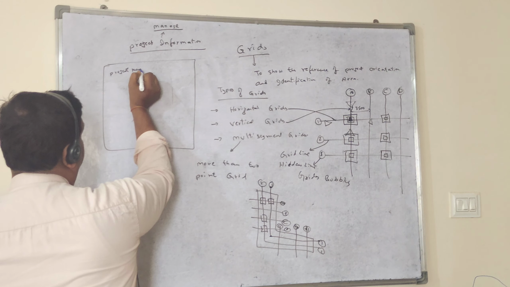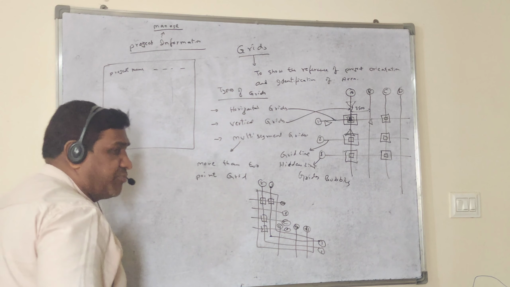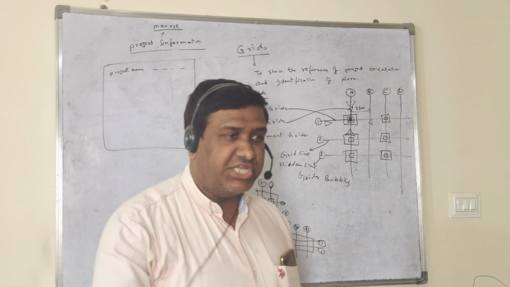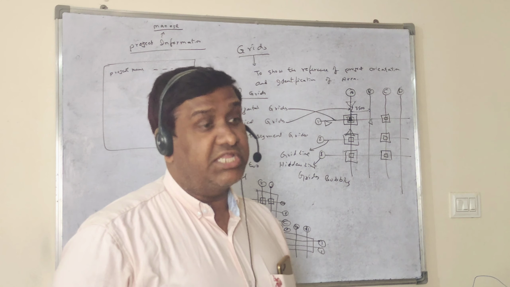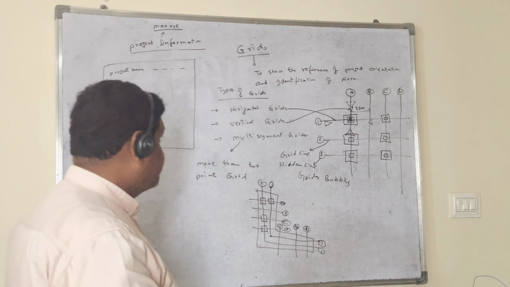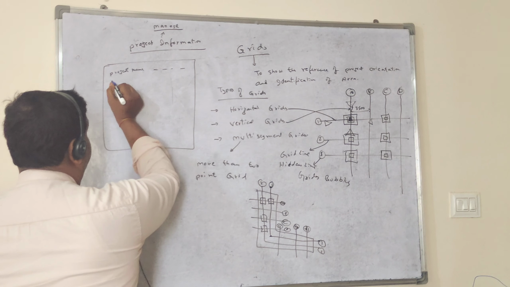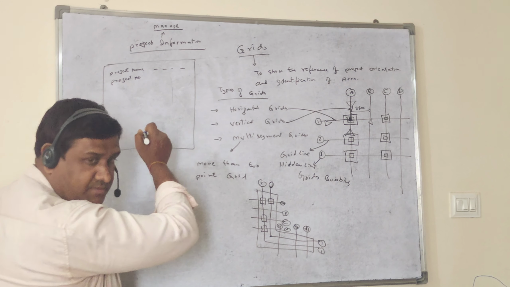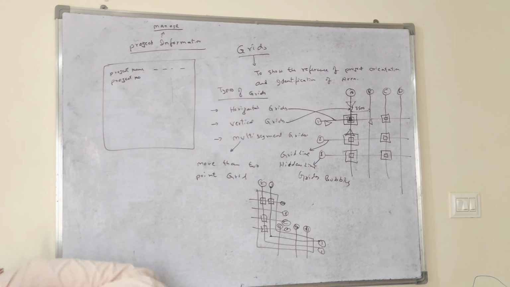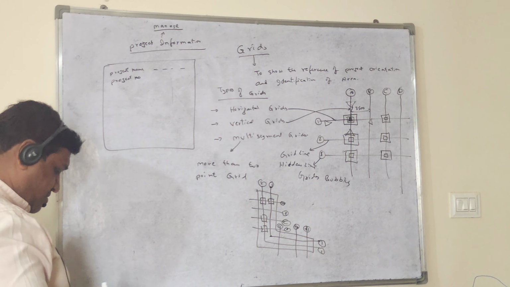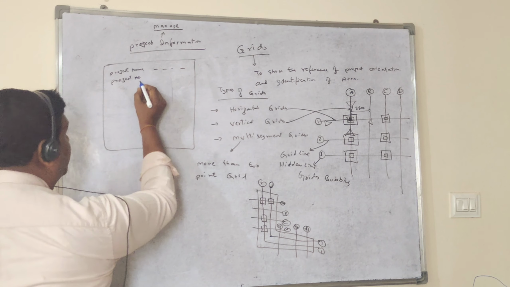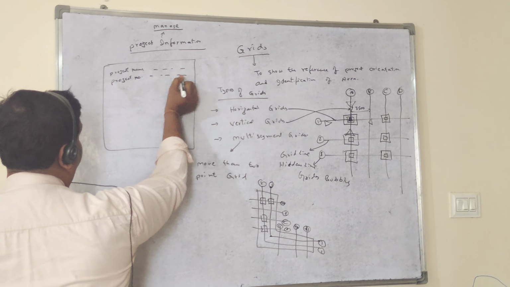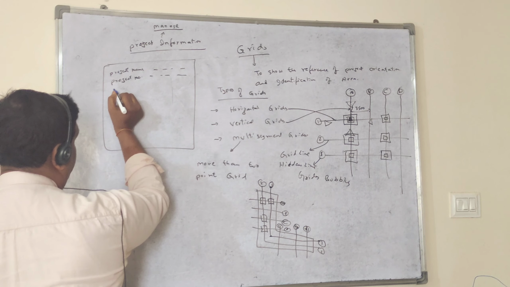Project name: you have to write your project name, which project you are working on right now. Then project number: you have to give the number of your project, meaning the survey number.